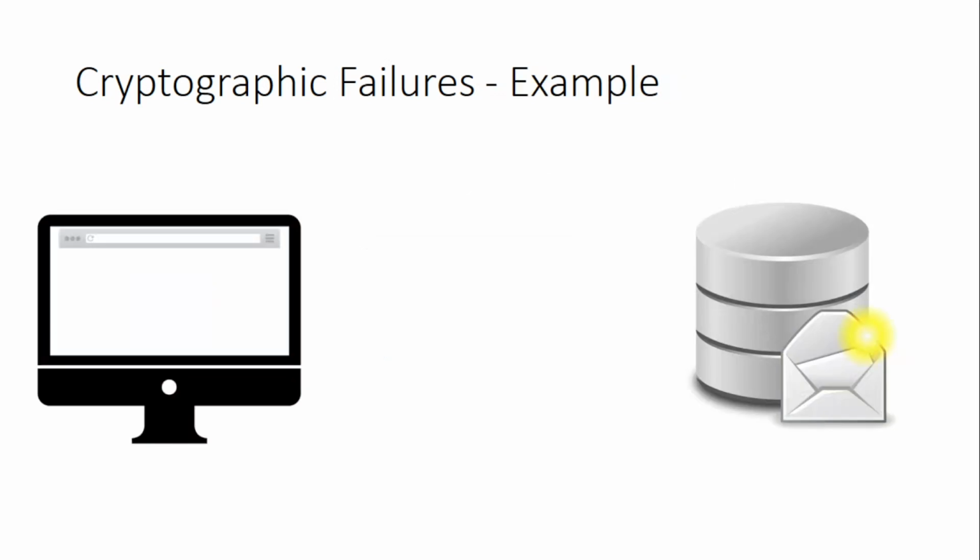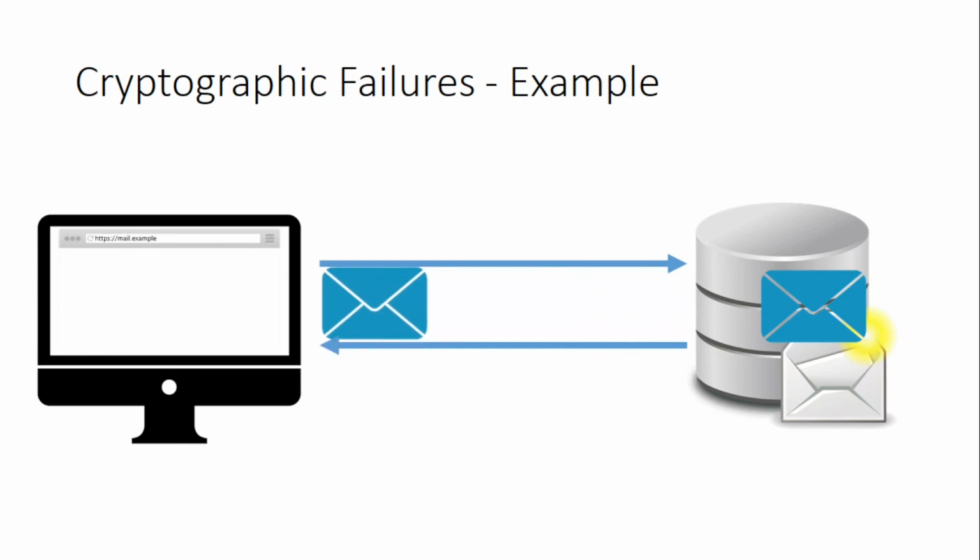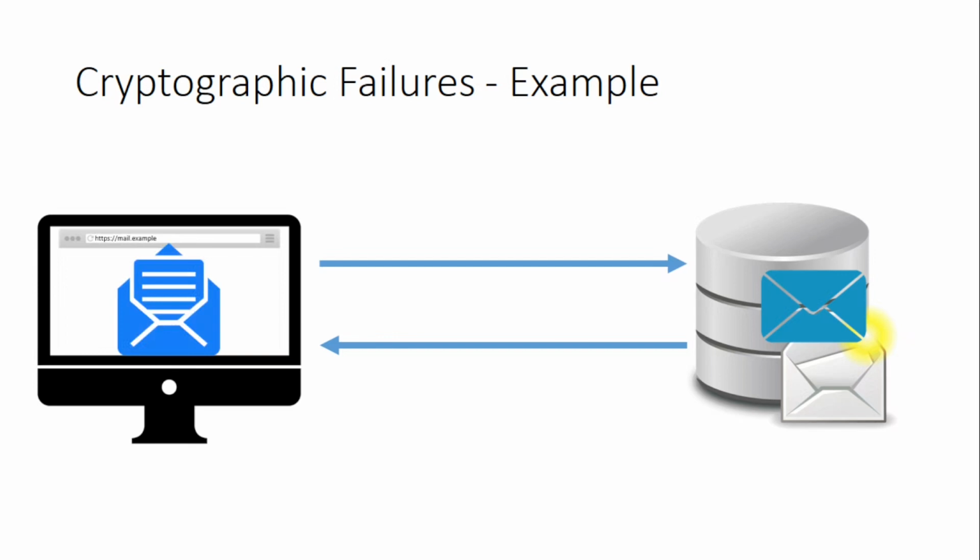If we take this example where you want to open an email, so you have an email server and you want to access your email through the browser, you would be having a conversation with the email server that will send you the email to your browser, and so you can read it.